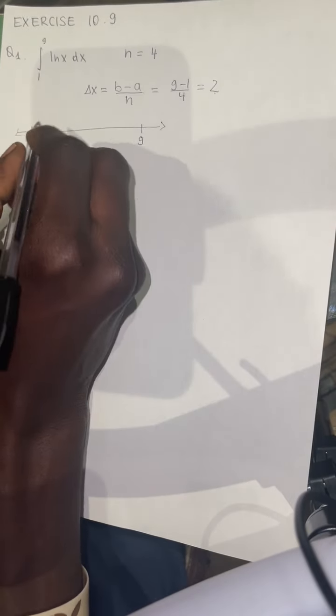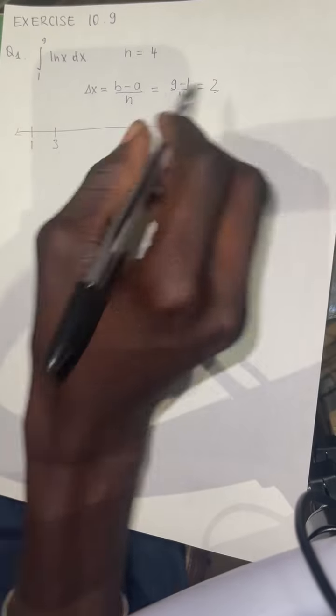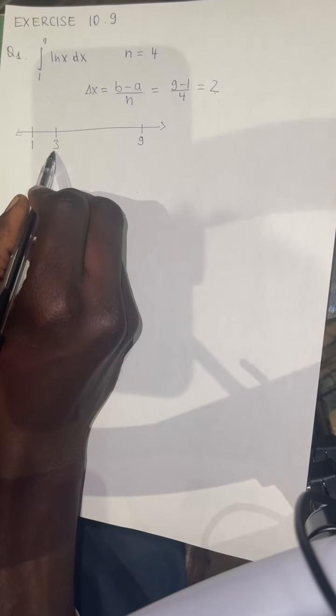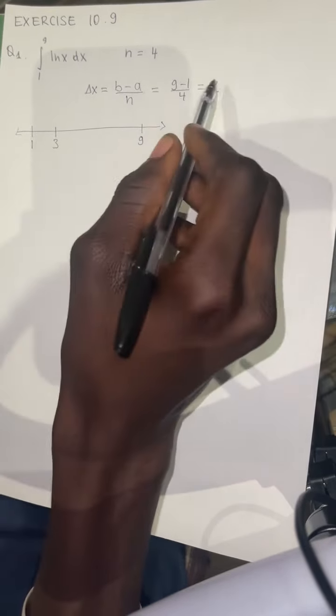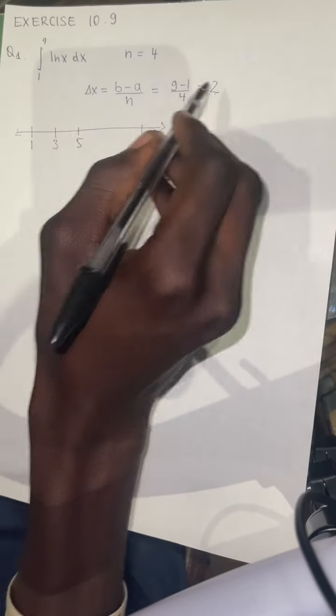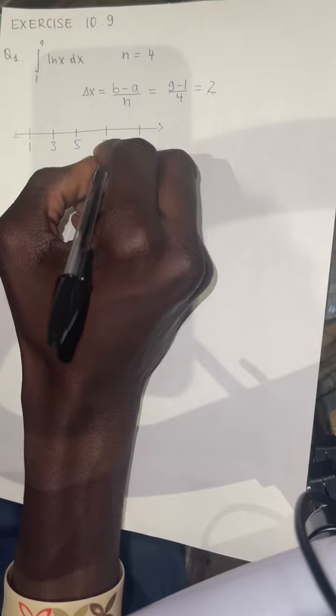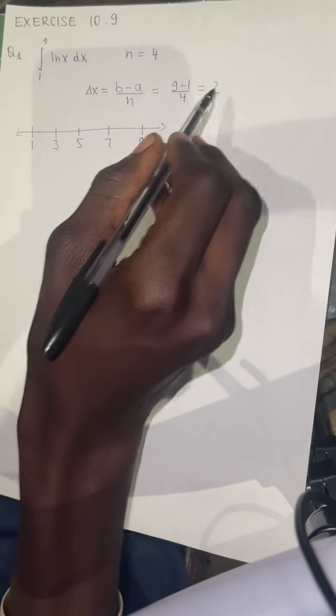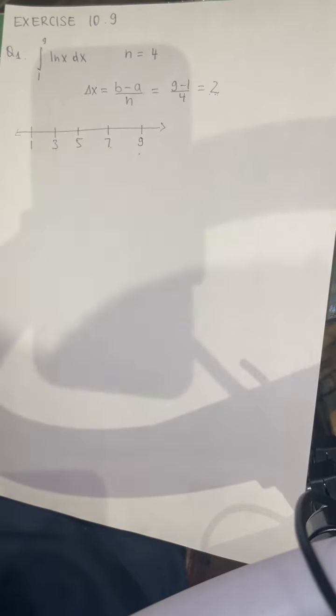The first limit you were given is 1, and it stops at 9, but you now have the thickness of 2. So 2 plus 1 is 3. Then 3 plus 2 is 5. Then 5 plus 2 is 7. And 7 plus 2 is 9, so it stops there.